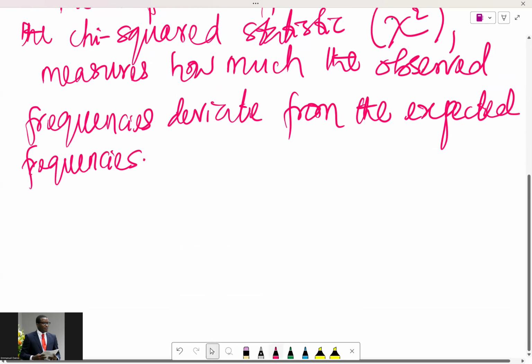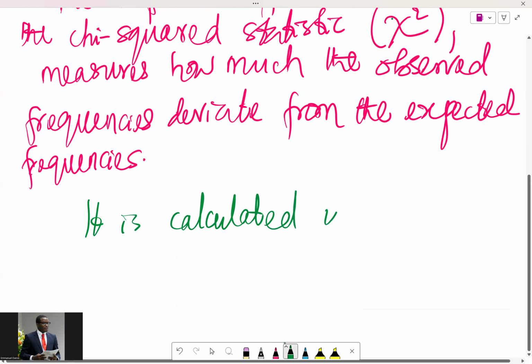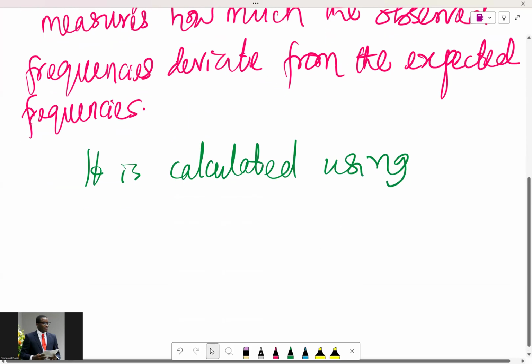Now, it is calculated using the chi-square formula.